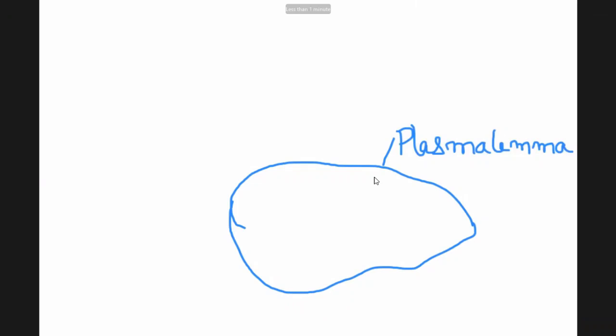Then this is the cytoplasm. And it can move with the help of pseudopodia. Like amoeba, it can move with the help of pseudopodia.